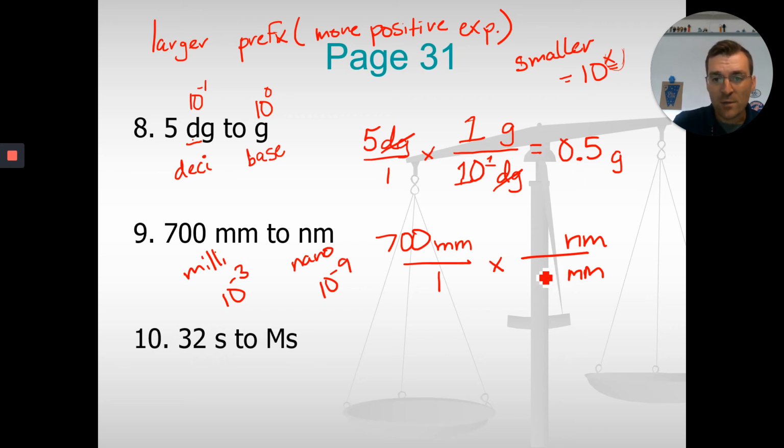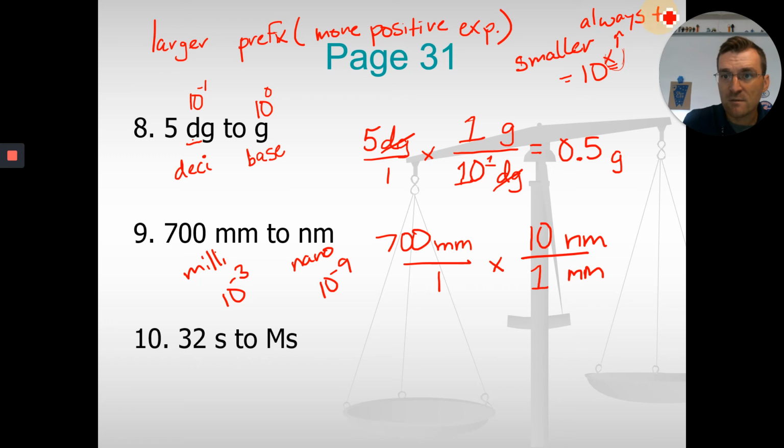Because again, what we're going to set up in our conversion factors, we're going to figure out how many nanometers are equal to 1 millimeter. So again, we know next to nano is going to be 10 to the x. And remember, we get x by comparing our exponents. So we have to find the absolute value, the positive difference. Remember, that x right there should always be a positive number.